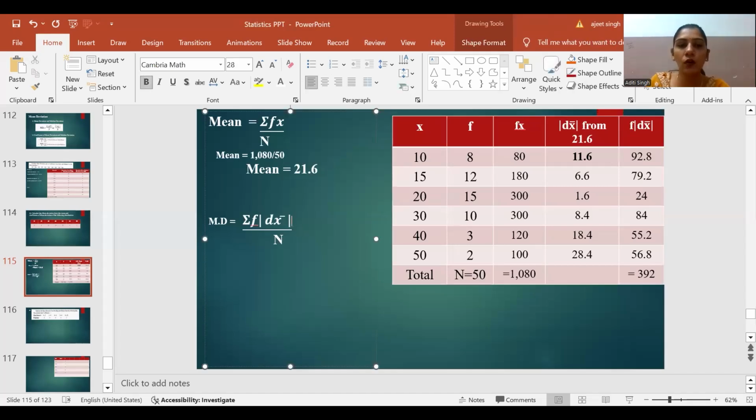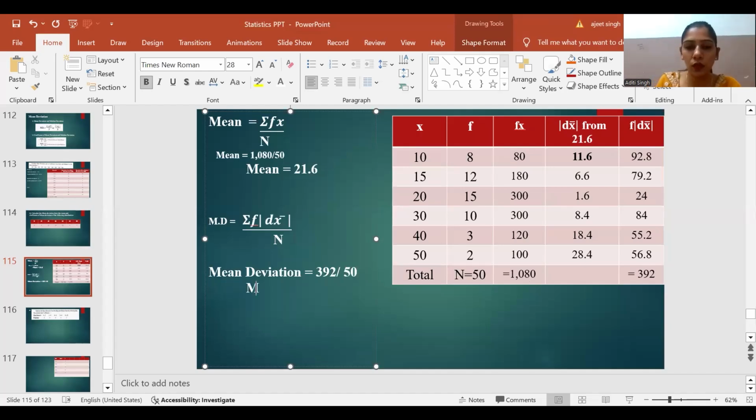n. Okay, now we will calculate mean deviation is equal to 392 divided by 50. This is the formula.